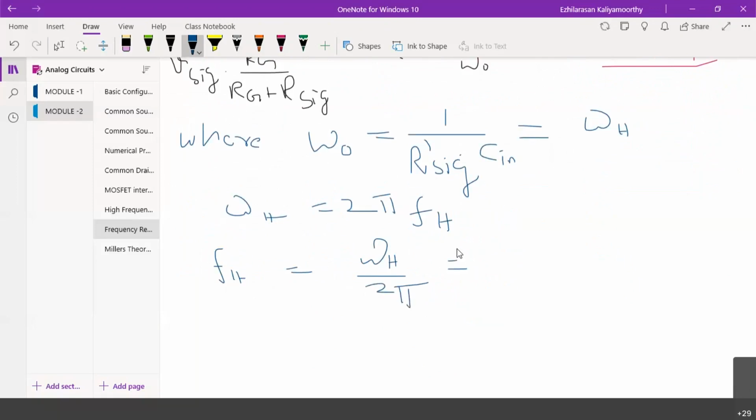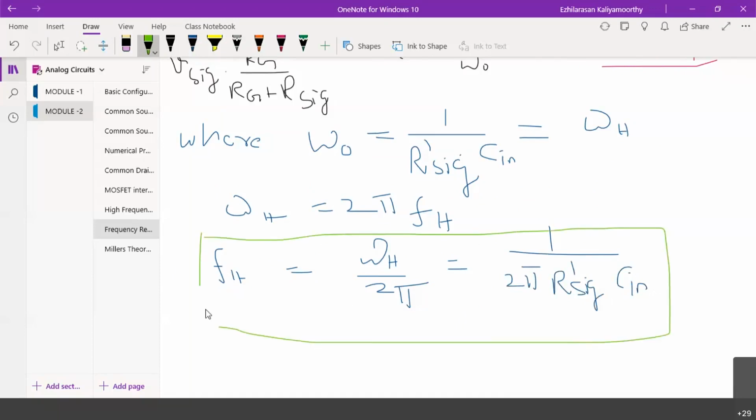So I can write it as 1 divided by 2 pi R dash signal into Cin. This is fh, that is the higher cutoff frequency value. So fh is equal to this, and this will be the expression as 16.